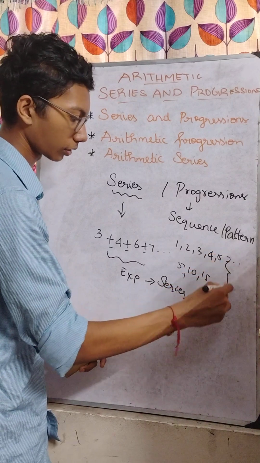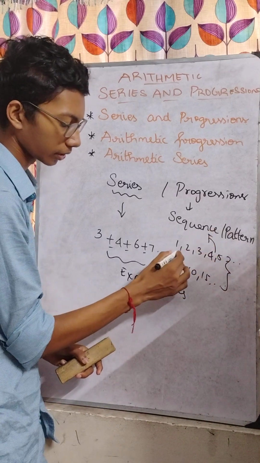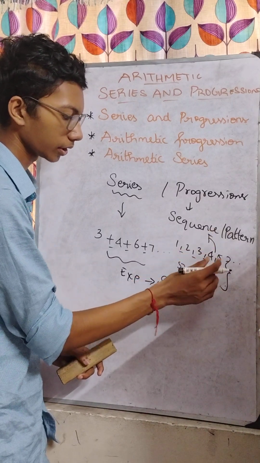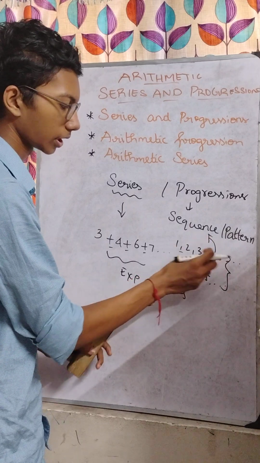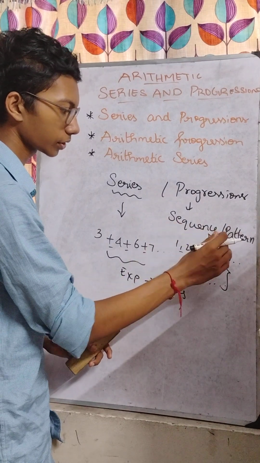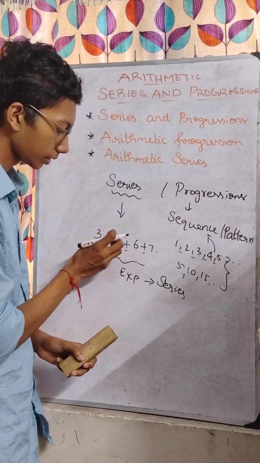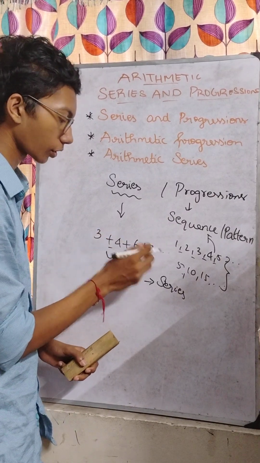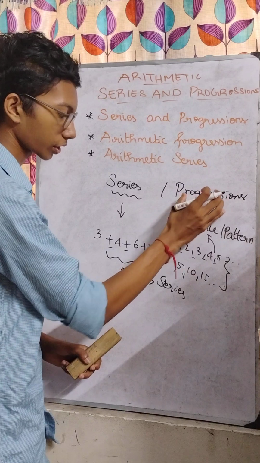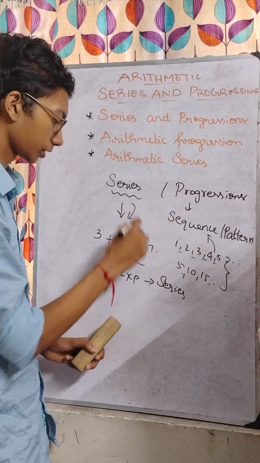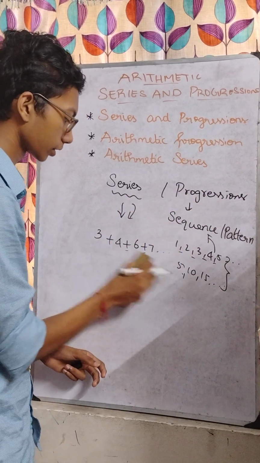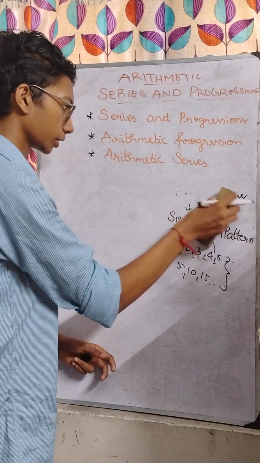So these are called sequences, and there is no addition or any operation in between them. If the numbers between these operations are in progression or sequence, then they are called a series. So that's the difference between series and progressions.